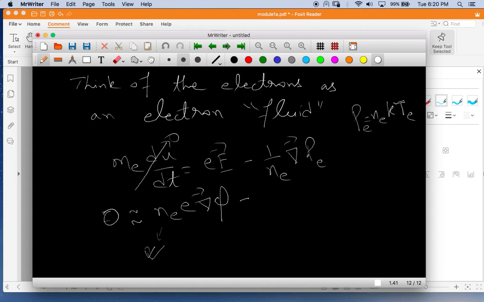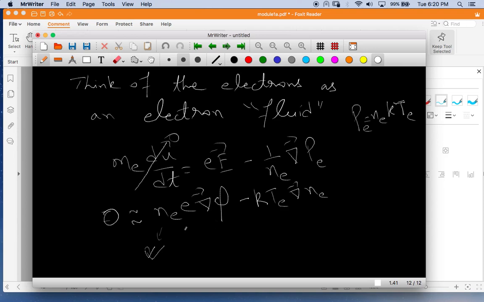Now for the grad P_e, what you do is you assume an isothermal plasma so that you take the k T_e out. And then the gradient in pressure becomes a gradient in density. So this n_e will remain.